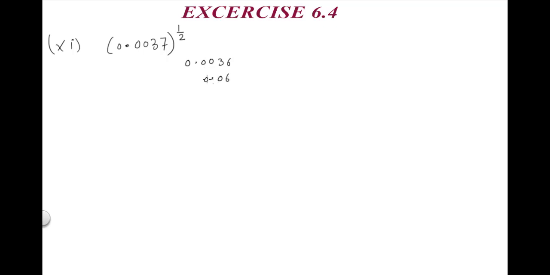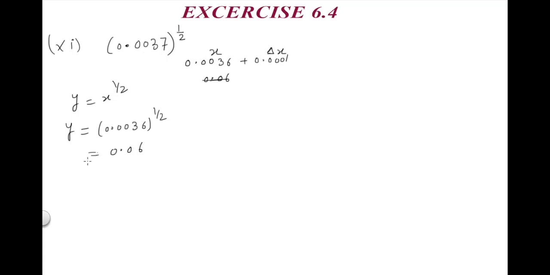Now if we add 0.0001, we get 0.0037. So this will be x and this will be delta x. Now we will write y is equal to x to the power half. So y is equal to 0.0036 to the power half, which will come out to be 0.06.